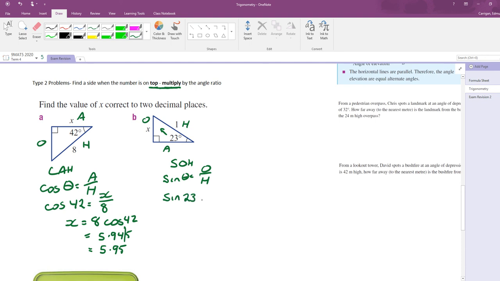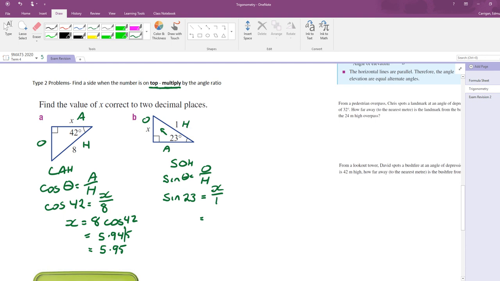Sine 23 is equal to O on H. So sine 23 is equal to, O is x, on 1. Okay.